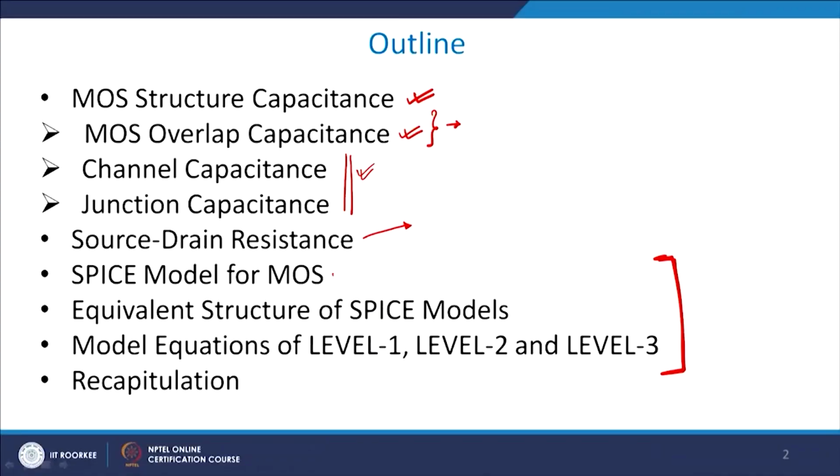We will look at MOS device equivalent circuit models, and then at level 1, 2 and 3 of the model equations of the MOS device. Each level will refine the drain current characteristics, so you should be able to understand the various levels and how they work in terms of working principles.